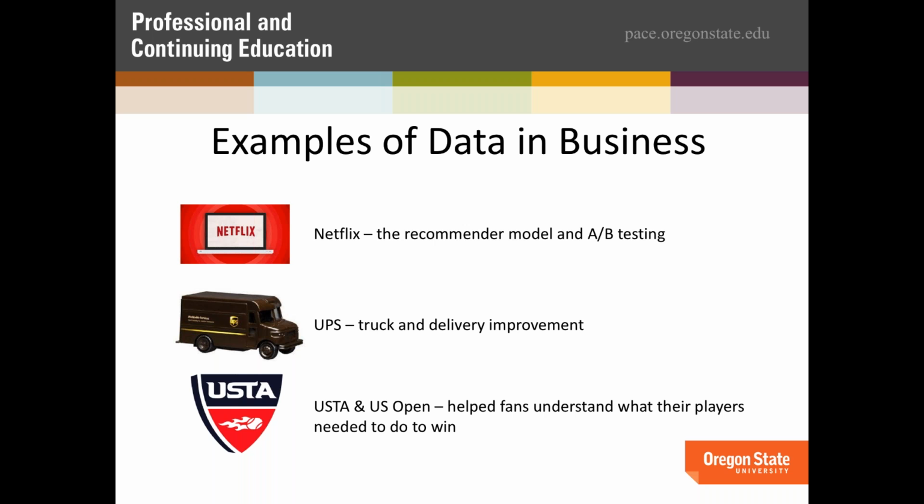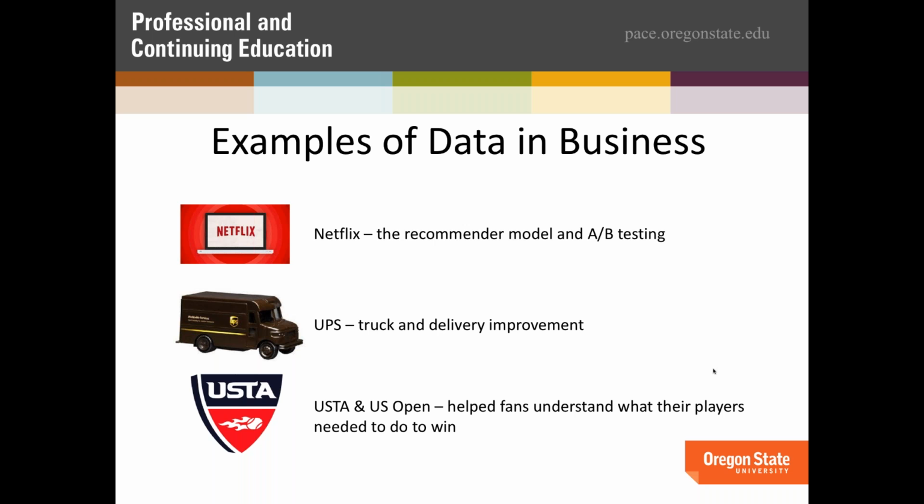They might realize that one driver is going out of his or her way to make the route, where there's possibly a shorter, faster way for another driver to make it. So route optimization, as well as maintenance of the trucks in general, is a huge way that UPS stays profitable and in business. And it all relates to data in motion and data at rest, and being able to analyze and interpret that data.